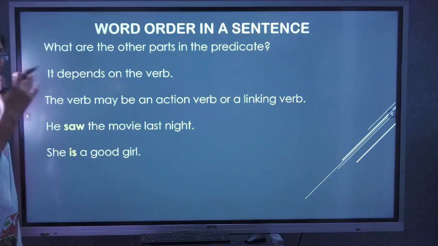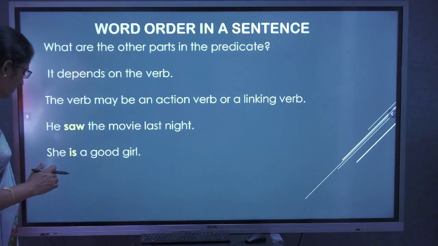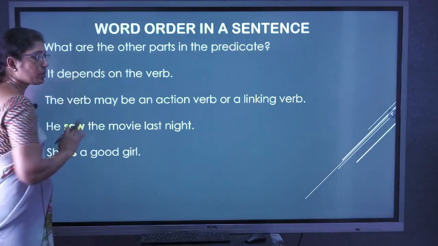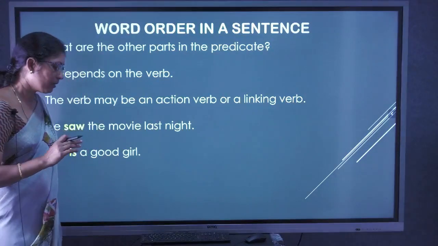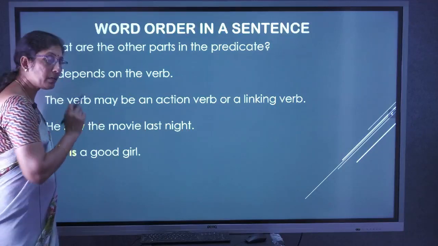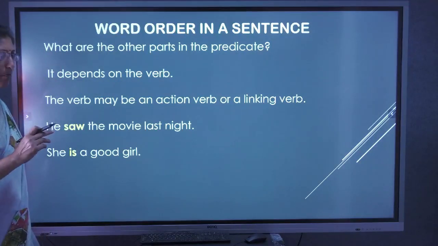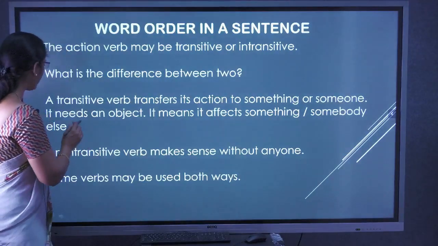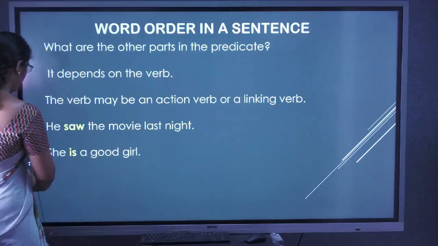Then what about the other parts in the predicate? Okay. How the other parts can be decided depends on the verb. That means here the verb may be an action verb or a linking verb. Suppose if you see this one, he saw the movie. Right?